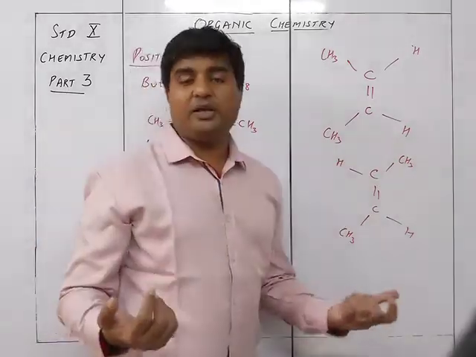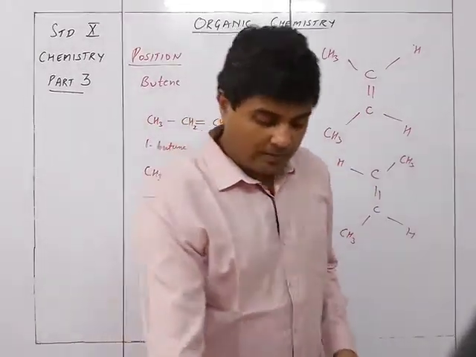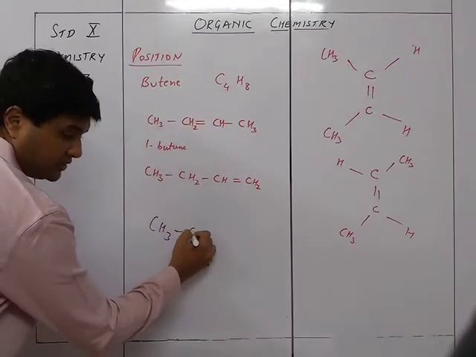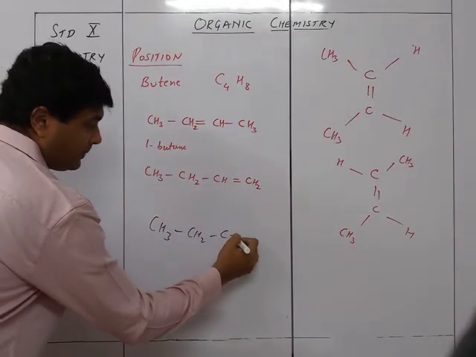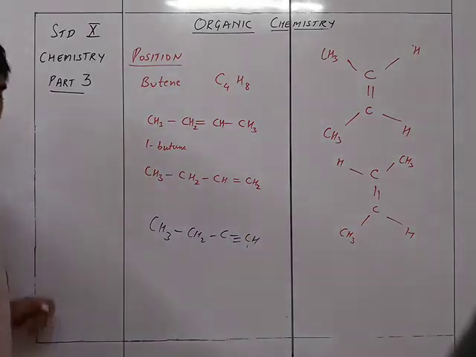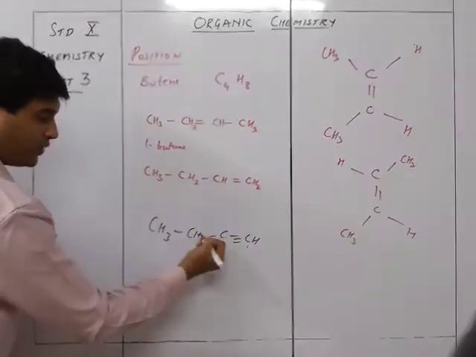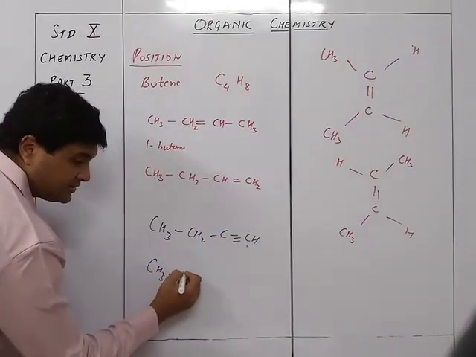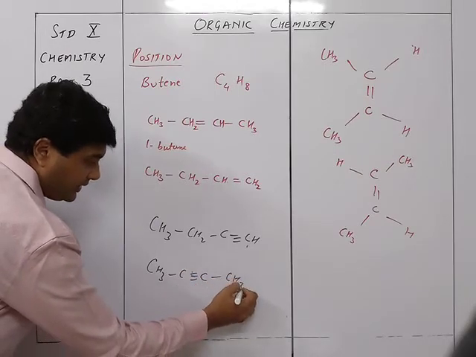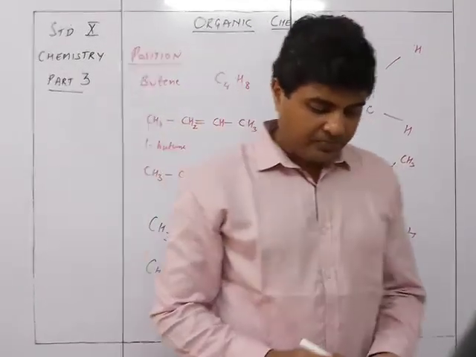Whereas in the case of alkynes, it will only be in the form of position isomer, because if you have butyne, it will be just CH3, single bond, CH2, single bond, C triple bond CH. This will be one condition. The other condition, if we take the middle one, will be CH3, single bond, C triple bond C, single bond, CH3. This will be the position isomer in the case of the alkyne.